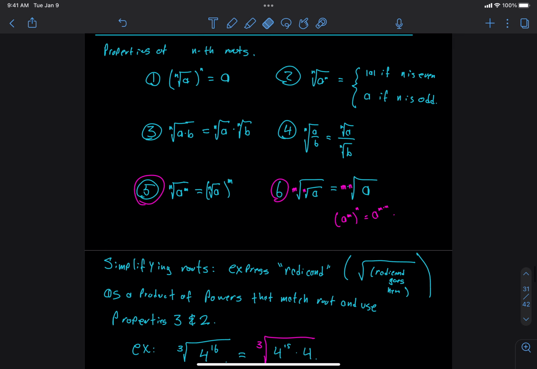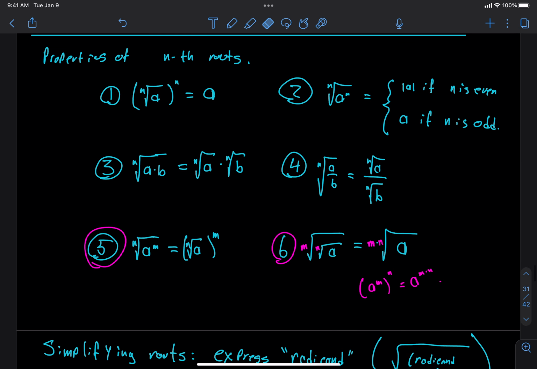So that's one of the things we want to be on the lookout for. We saw some properties of nth roots. They're pretty much the same as the properties of square roots. Namely, if I take the nth root and then I do the nth power, I get back what I started with. If I take the nth power and then take the nth root, then things get a little bit hairier.